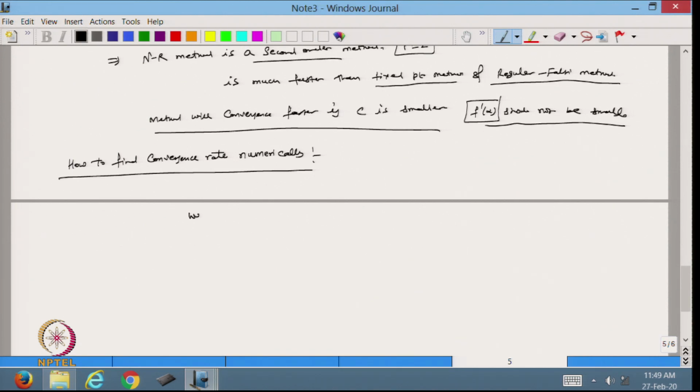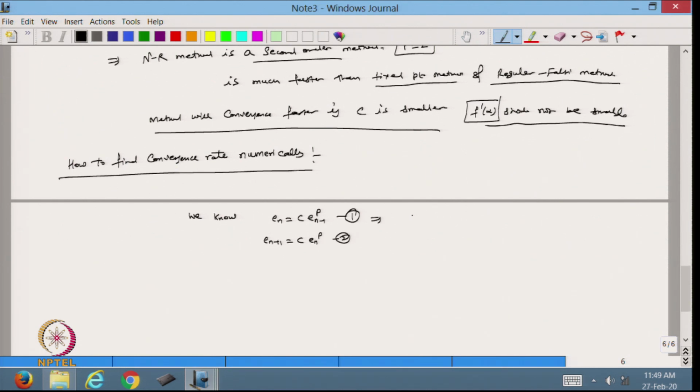We know that En is equal to C En minus 1 to the power p, that is the definition of the rate of convergence. Similarly, I can write En plus 1 is equal to C En to the power p.